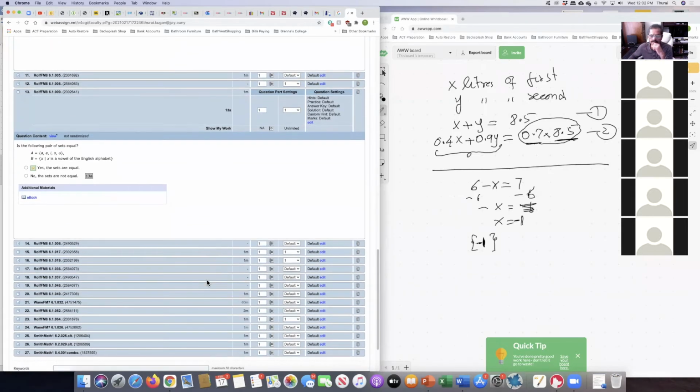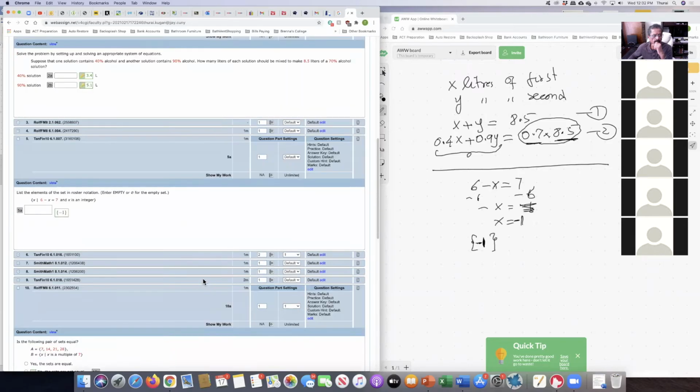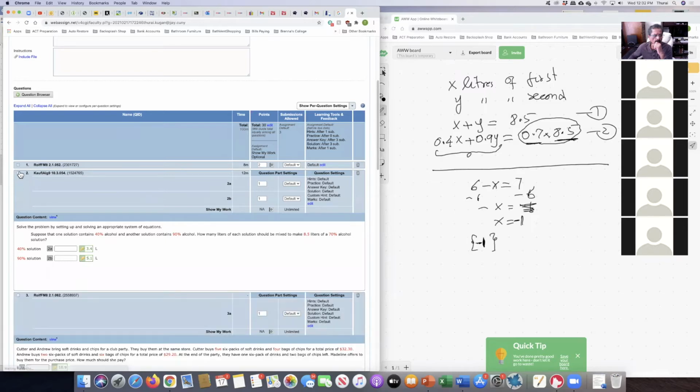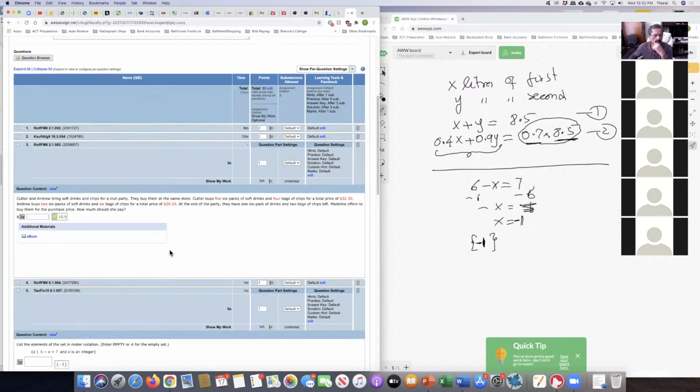Anything else? Can we see problem 3? I think it's 3. I had a little problem. It was just setting it up. I kept getting these wild numbers. Number 3. Cutter and Andrew bring soft drinks and chips for a club party. They buy them at the same store. Cutter buys 5 6-packs of soft drink and 4 bags of chips.